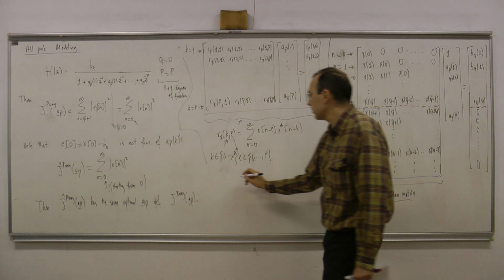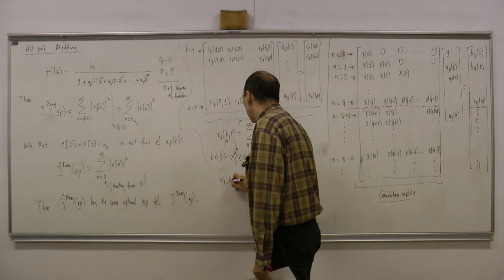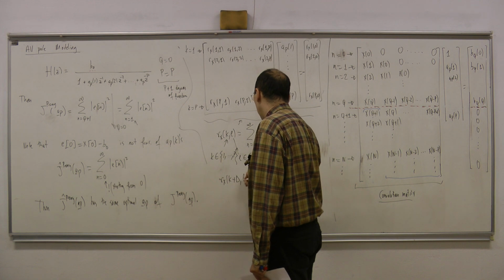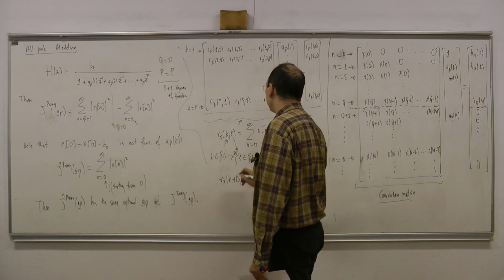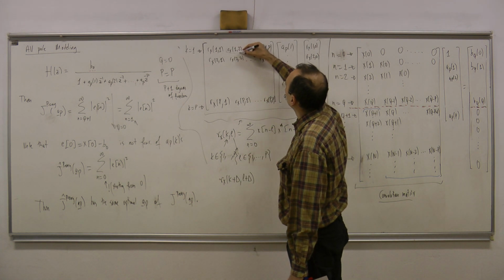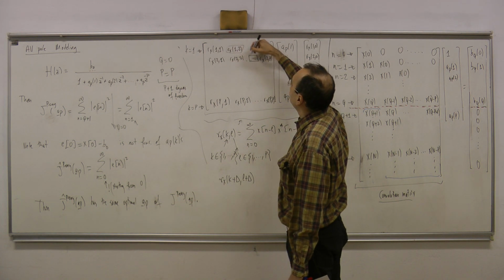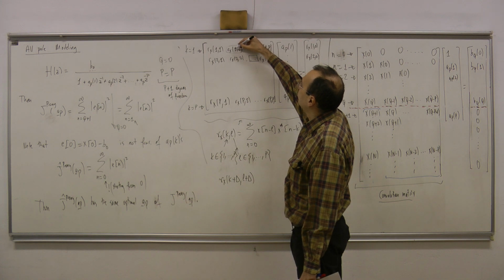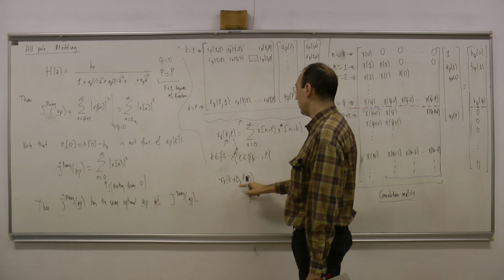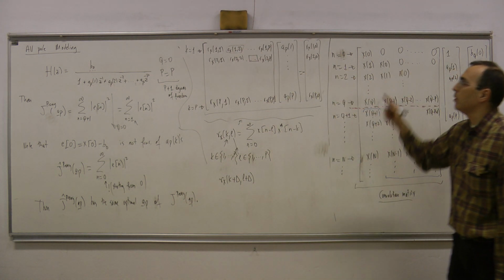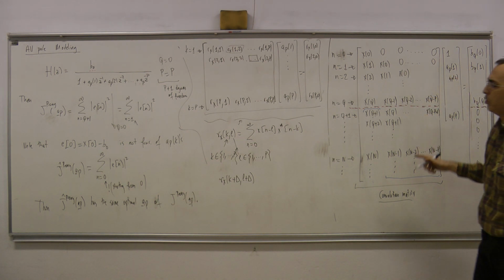So how about this? Rx, K plus delta, L plus delta. For example, if I add 1 to this one, delta is equal to 1, then 1, 2 becomes 2, 3. So I'm looking at these kinds of diagonal terms.